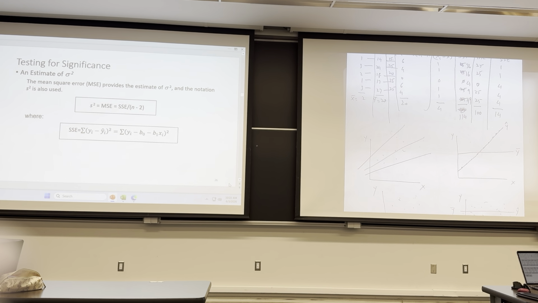Now, over here, mean square error is just like a variance. It is a measure of dispersion around the regression relationship. If you find the square root of that, it is just like a standard deviation of dispersion around the regression relationship. SSE is equal to the sum of yi minus y hat square. What's the formula to calculate y hat?